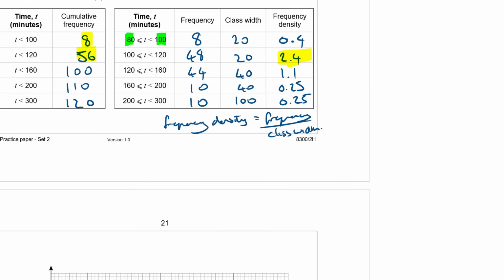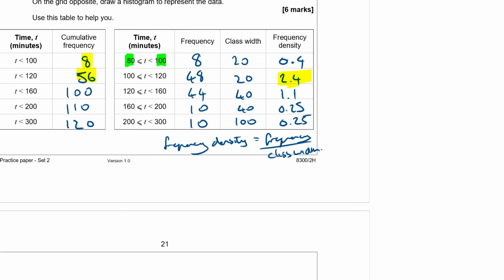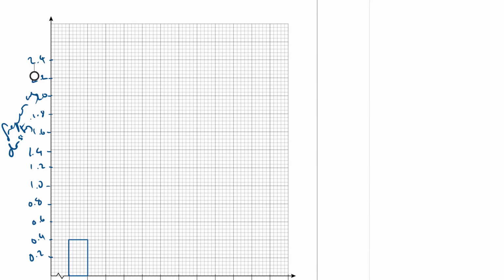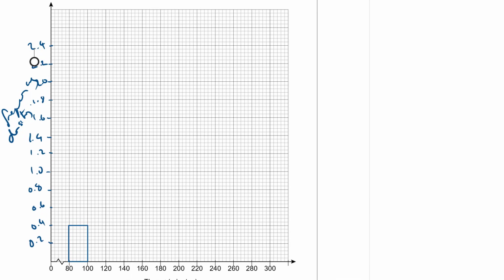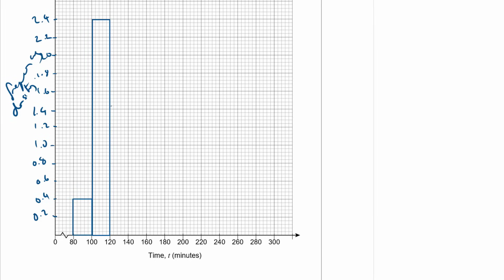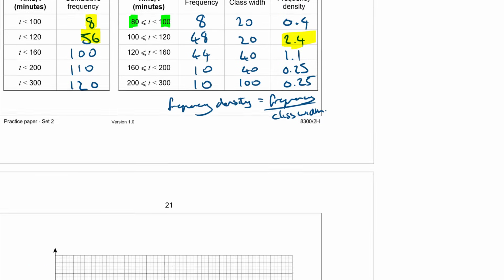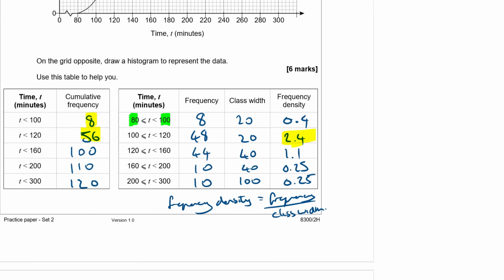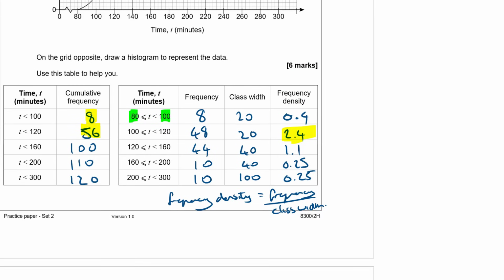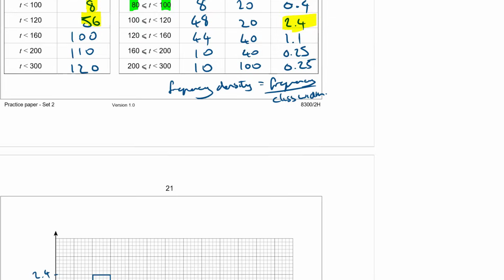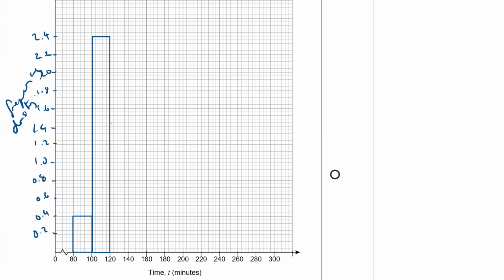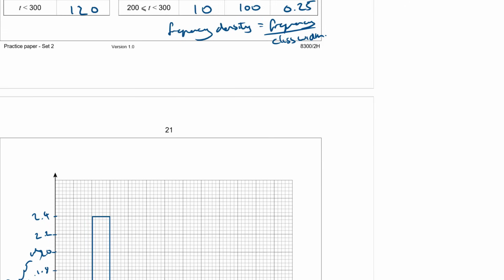Okay, now the second bar goes from 100 to 120 and has a height of 2.4. Now the next bar goes from 120 to 160 with a height of 1.1. So notice that one is a bit wider than the other two because it represents a wider class width.